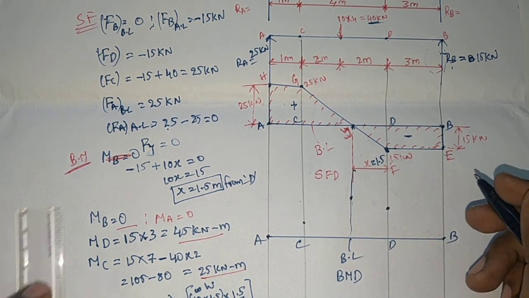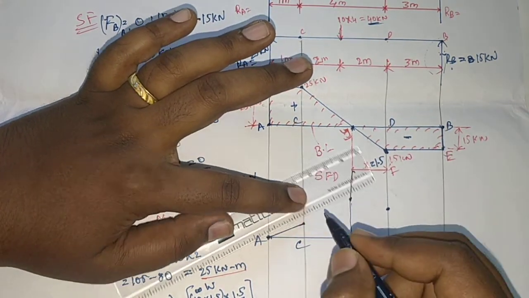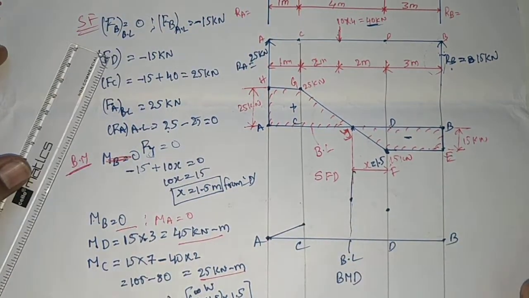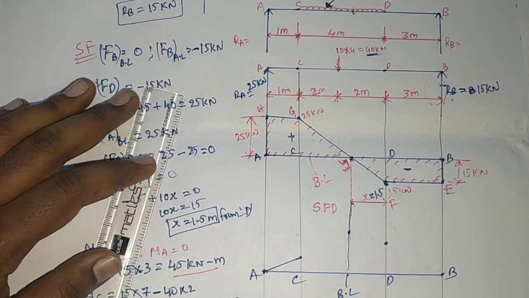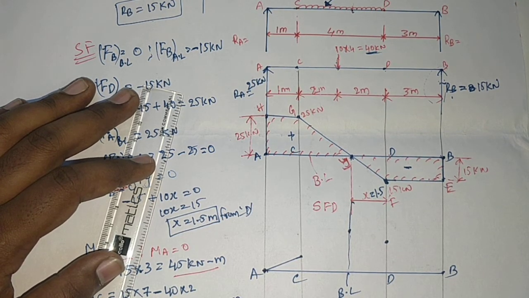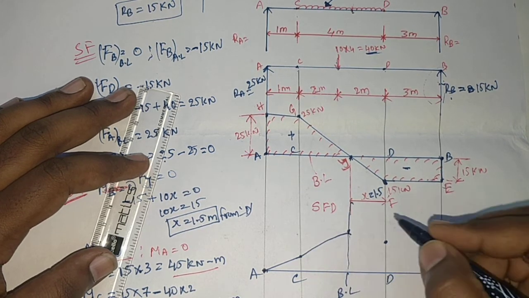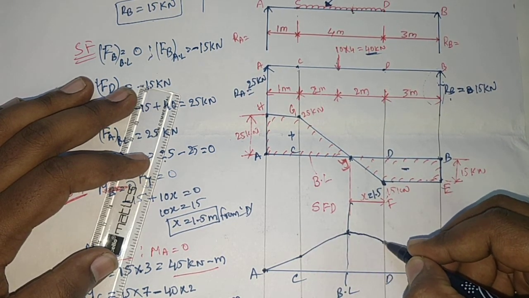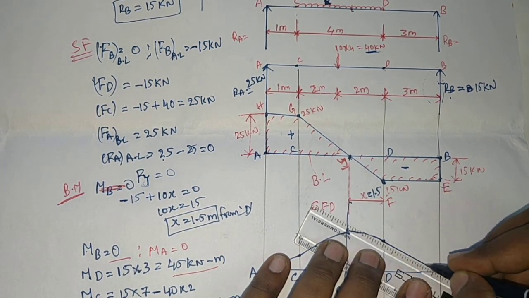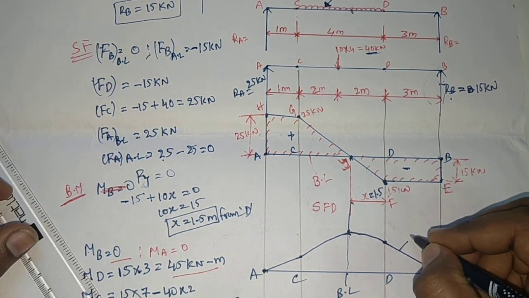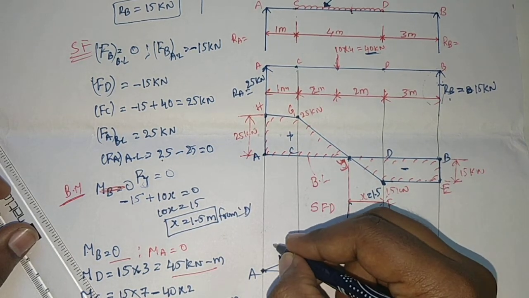56.25. From A to C is a straight line because there is no load from A to C. Next, C to D has UDL acting, so the variation from C to D is a parabolic curve. Next, from D to B there is no load, so it will be a straight line. Okay, it is the straight line, this one is the parabolic curve, and this one is a straight line.